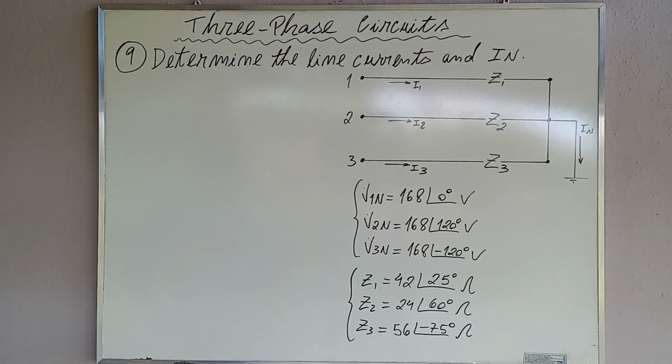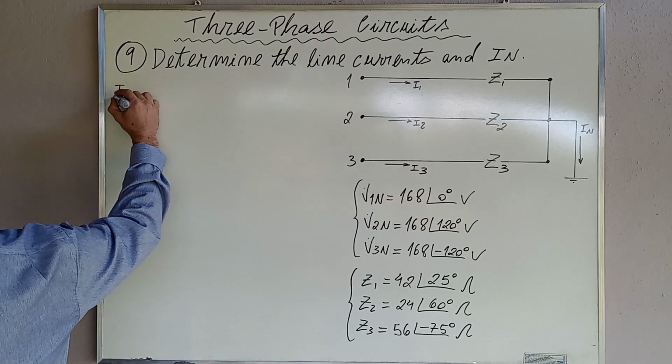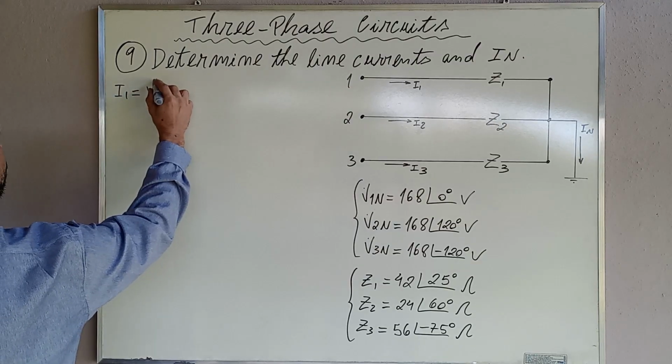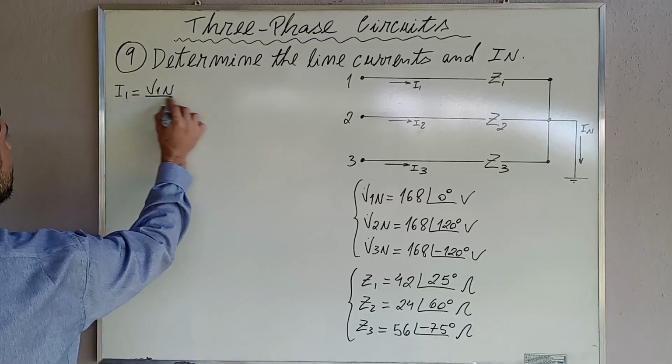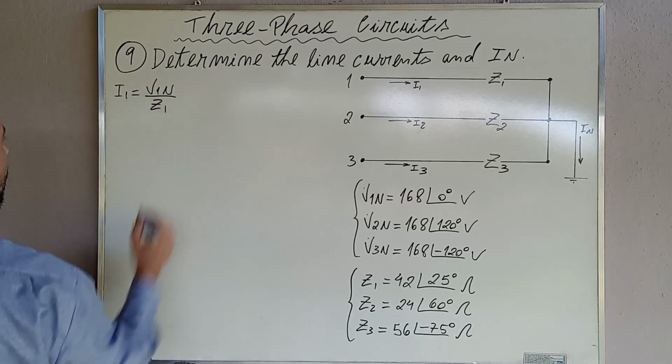Observe that as the load is unbalanced, the currents will differ both in magnitude and phase angle relative to each other. Thus, I1 is equal to V1N divided by Z1.